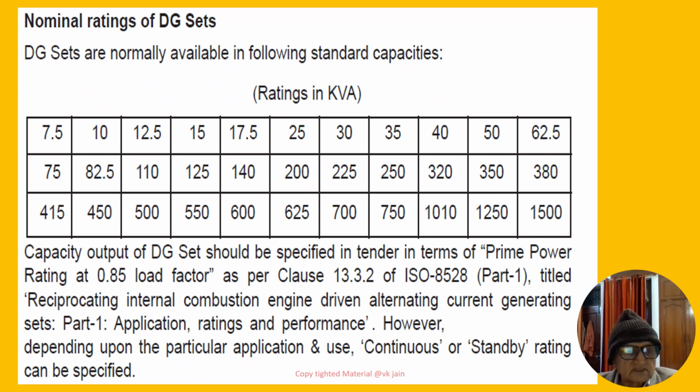Capacity output of diesel generating set should be specified in tender in terms of prime mover rating at 0.85 load factor as per clause 13.3.2 of ISO 8528 Part 1, titled Reciprocating Internal Combustion Engine Driven Alternating Current Generating Sets, Part 1: Application, rating and performance.